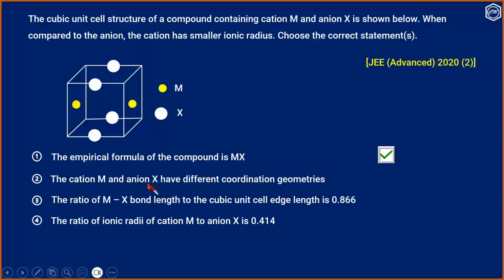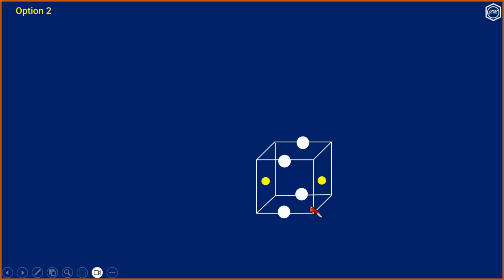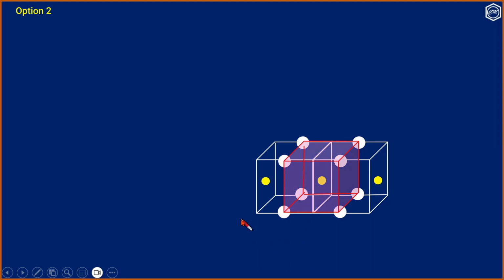Next we consider option 2. The cation M and anion X have different coordination geometries. So this is the given structure. These are X atoms. These are M atoms. Now I am placing another unit cell side by side. Now look at the unit cell that I have created.